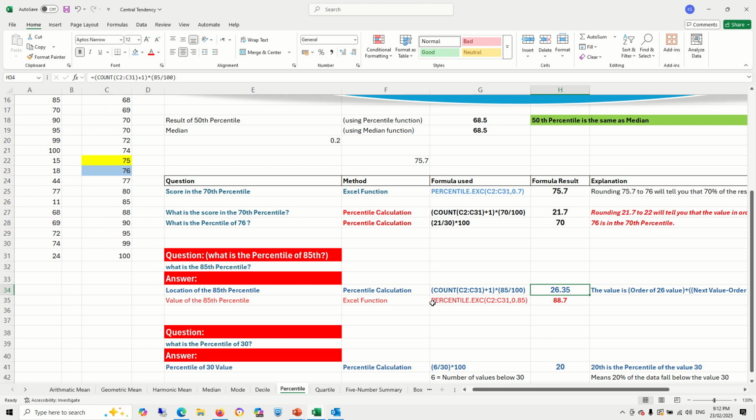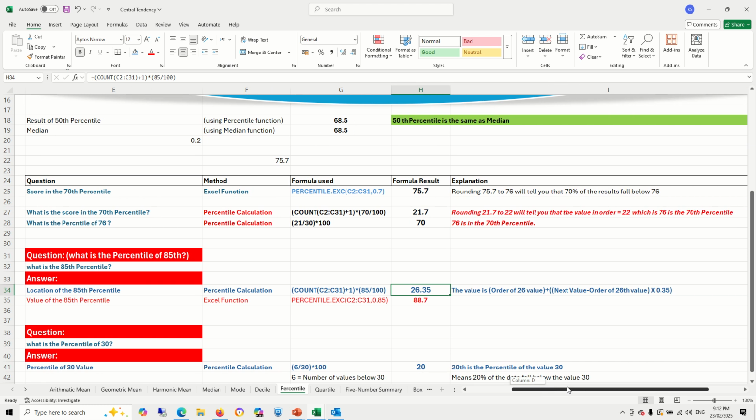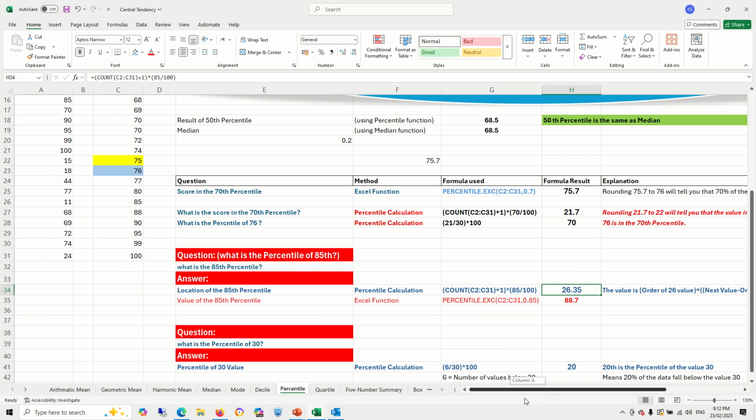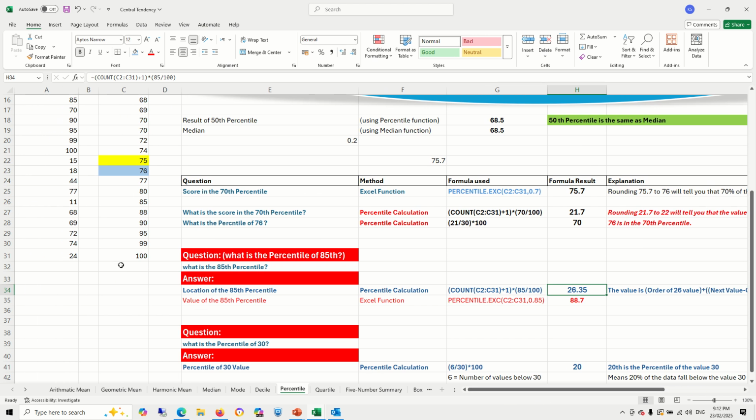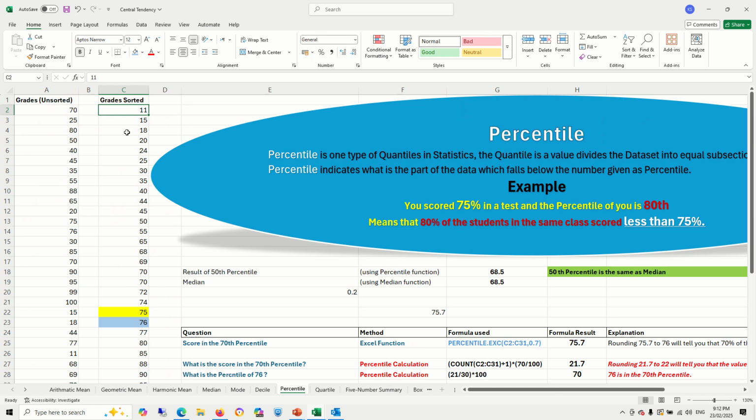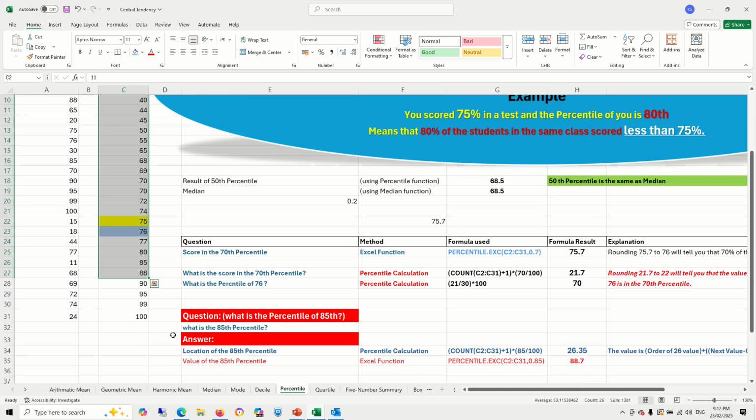So this one, this is the location. This is not the result. So let us go to the value number 26 here. When we count up to 26, we will come to this one and stop, which is 88. So we have 26.35.